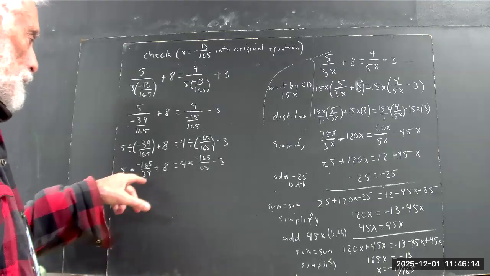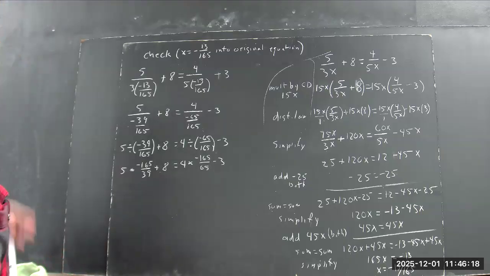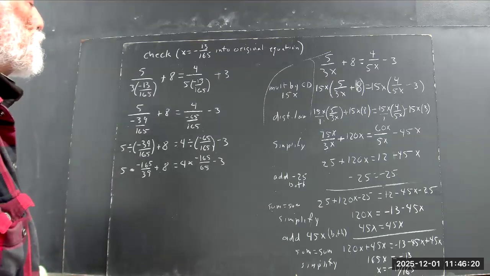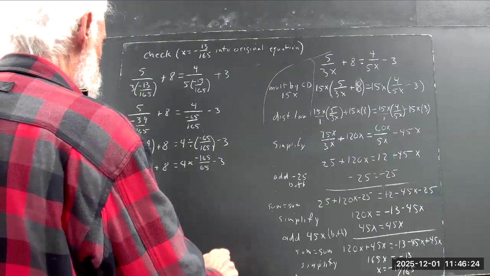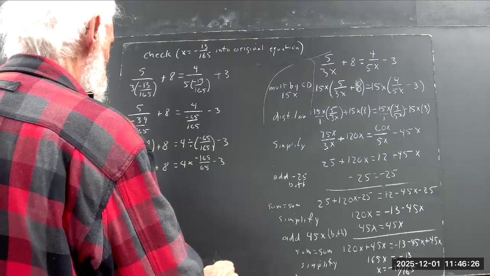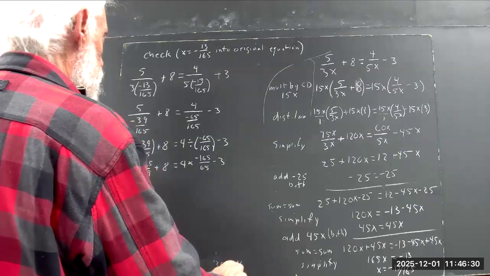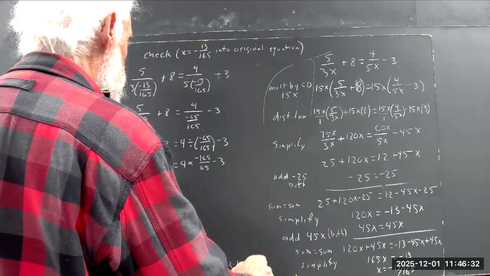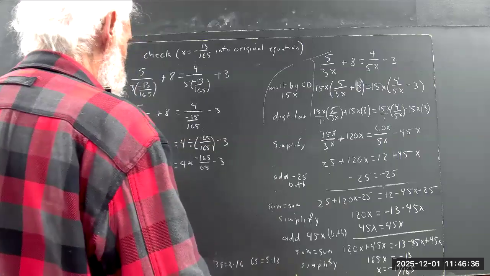Now we find a common denominator for 39 and 65. I'm going to scratch it down over here. 39 is 3 times 13. 65 is 5 times 13.